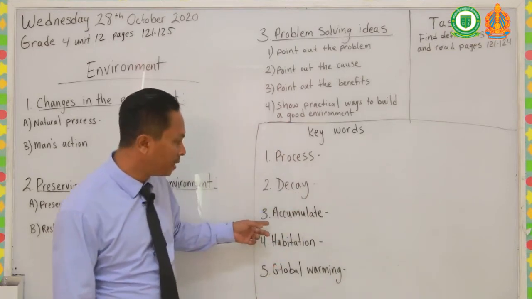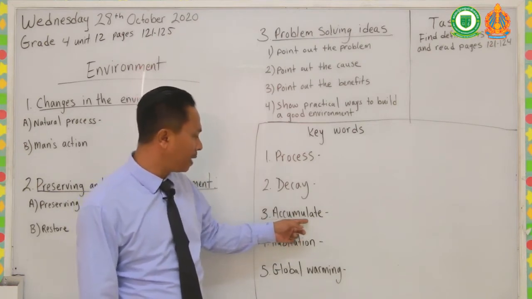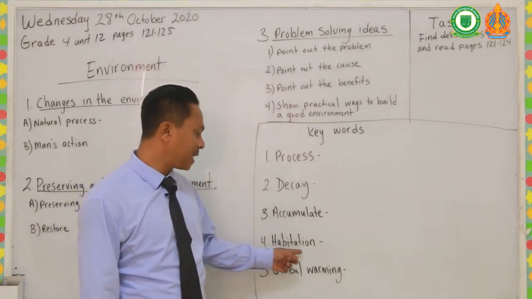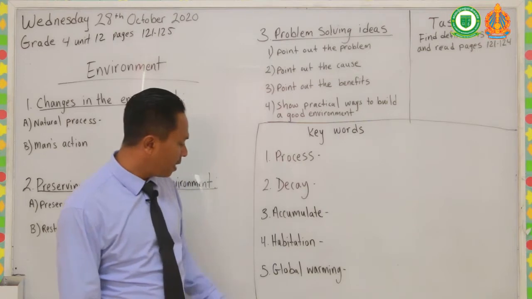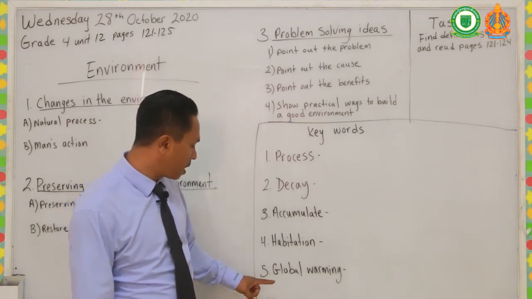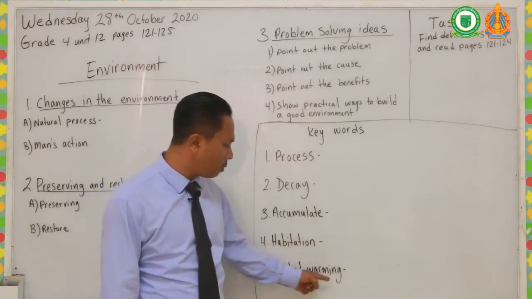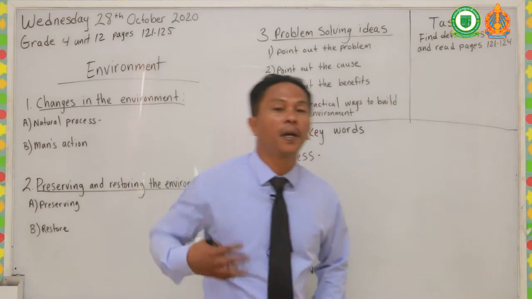Number three, accumulate. Number four, habitation. And number five, global warming. Okay?